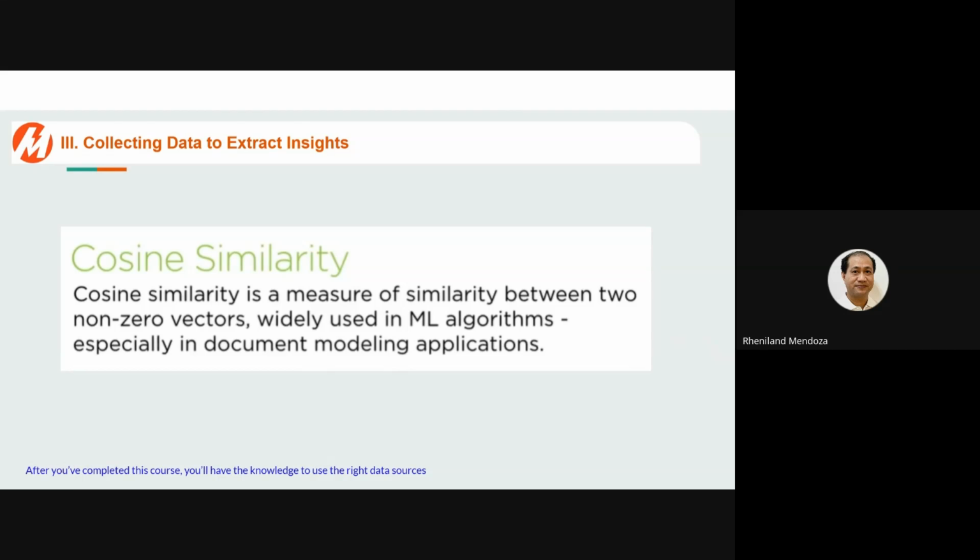And cosine similarity can be thought of as a measure of similarity of two non-zero vectors. This is widely used in, again, machine learning algorithms, especially in document modeling applications. So let's understand intuitively how cosine similarity works.